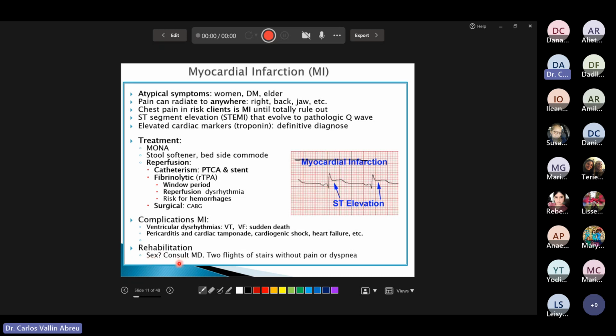The best answer is that the doctor should be consulted, because not all myocardial infarctions are the same and not all clients are left with the same capacity for exercise. But the classical answer is that if the client after the myocardial infarction is able to climb 2 flights of stairs without pain or dyspnea, they can have normal sex. So the girlfriend can be living on a second floor, no problem.